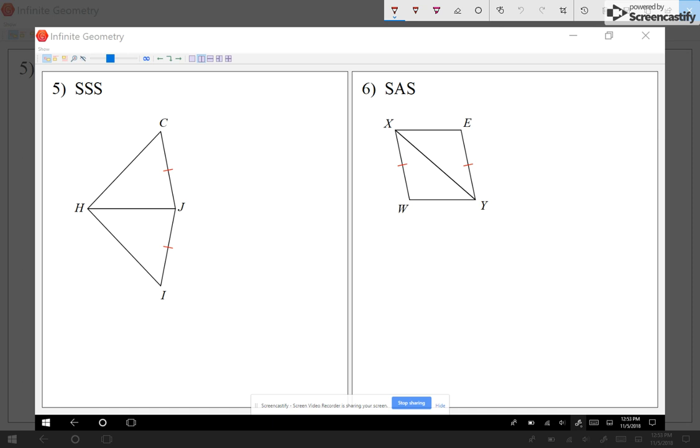So looking at question number 5, I can technically mark the side HJ because they both share it. But I want this to be side. So from the 3 marks, you have 2 given. I'm asking which one are you missing? So if you look at the top triangle, you're missing this side. If you look at the bottom triangle, you're missing this side.